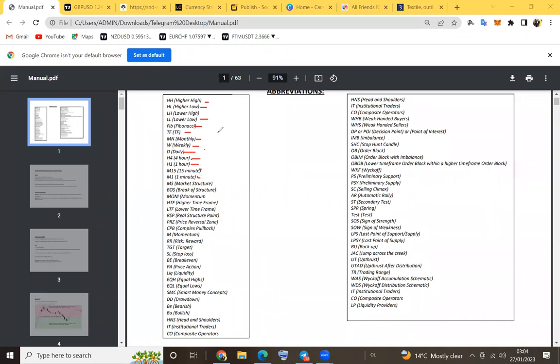If you see somebody write something like MS, it means market structure. When you see BOS, it means break of structure.